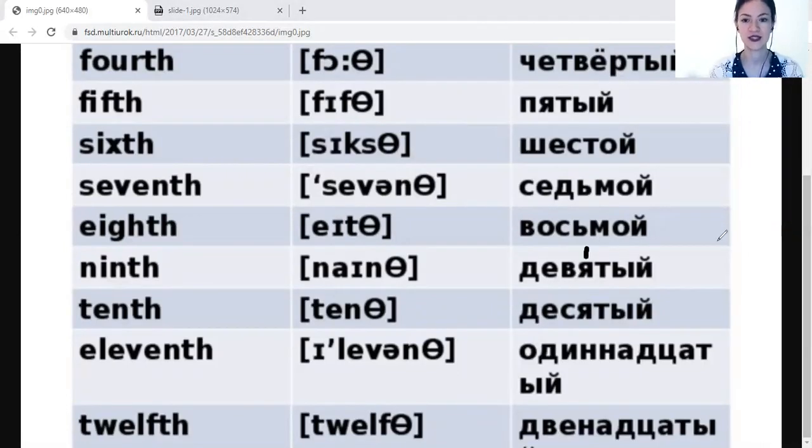Девятый, десятый, одиннадцатый, двенадцатый.